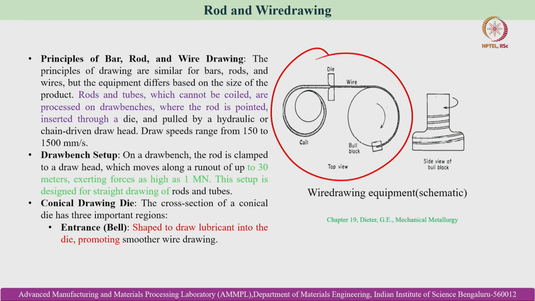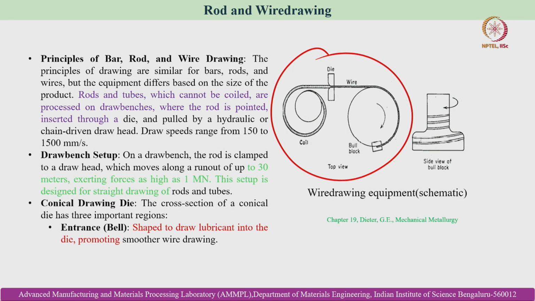By changing the opening in this conical shaped die, the cross sectional area or the diameter of the resulting wire can be changed. It is not necessarily always a circular cross section for the drawn wire. It can be rectangular as well, depending on the particular application.